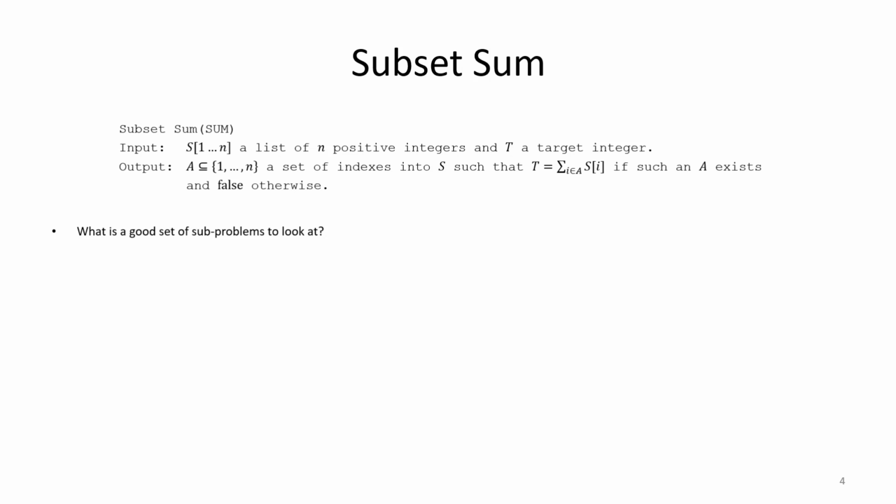However, in this problem, we're going to find that restricting both of these dimensions makes sense. Restricting the number of elements in our set, that obviously makes sense. Finding subsets of smaller sets is easier than finding subsets of larger sets. But we're going to also find that finding subsets that add up to something smaller than our target might be useful.